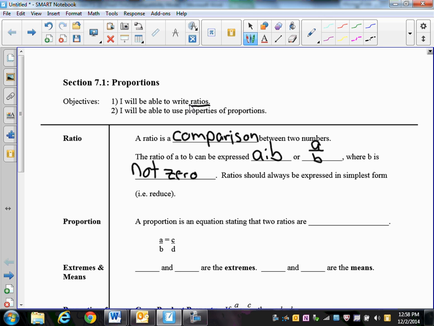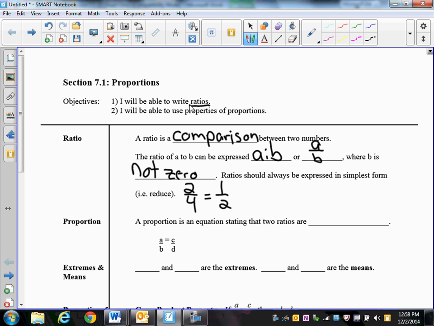B can't be 0 because remember we can never divide anything by 0. Ratios should always be expressed in simplest form, meaning that we reduce them.